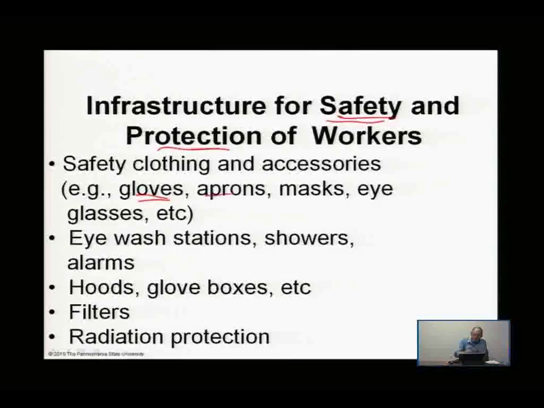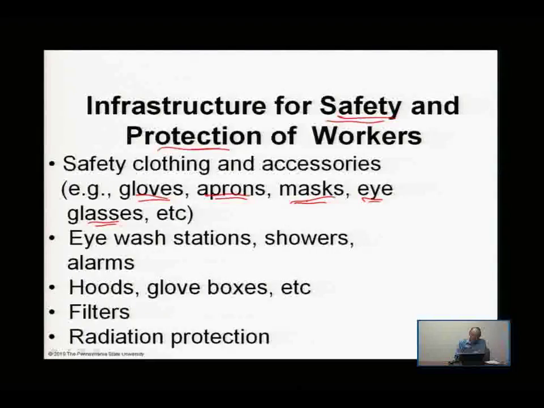You need to wear special aprons if you're working with dangerous chemicals. You need to worry about masks in case respiration might be an issue, as well as the usual mask to prevent saliva particles from coming out. But you also have to worry about respirating dangerous particles in. So you have to worry about masks, and obviously eye glasses to protect the workers' eyes.